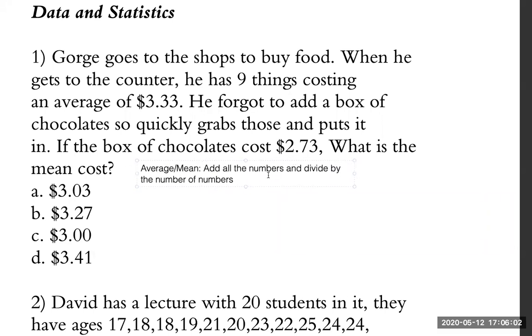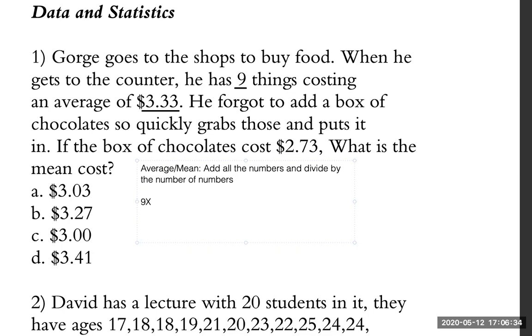Now, at the beginning of this question, it says George went to the shops to buy food. He has 9 things costing an average of 3.33, correct? So if I put it as an equation, he added something 9 times, x plus y, x plus x.